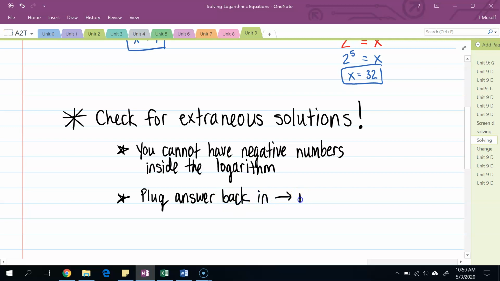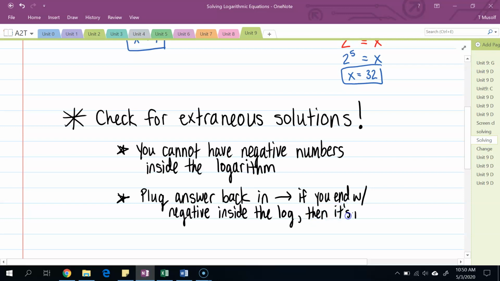And if you end up with a negative number as the argument, or inside the log, then it's not a real solution. Okay, so that's just an extra step we're going to have to do with all log equations.